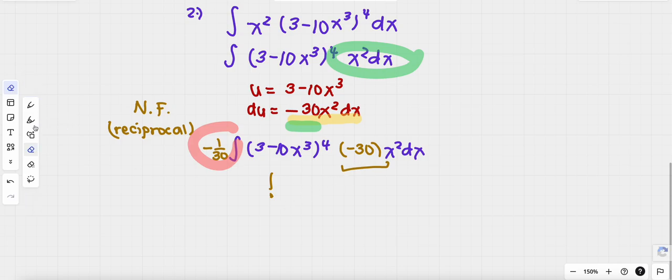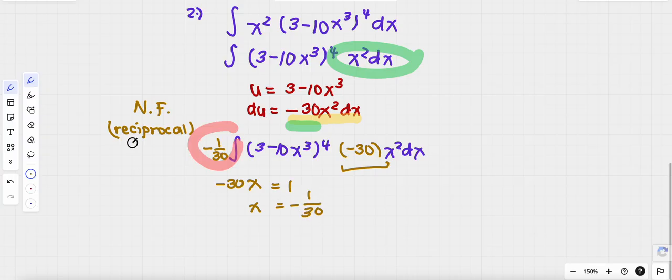Okay, so algebra. What will be the value, say x, to multiply to negative 30 so that this will be equal to 1? So x is equal to, you simply divide both sides by negative 30.